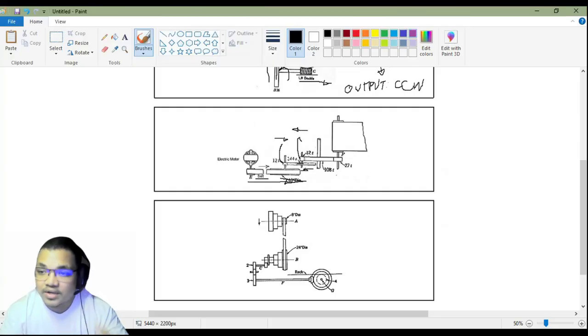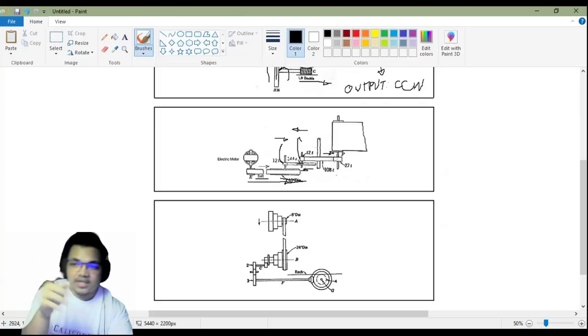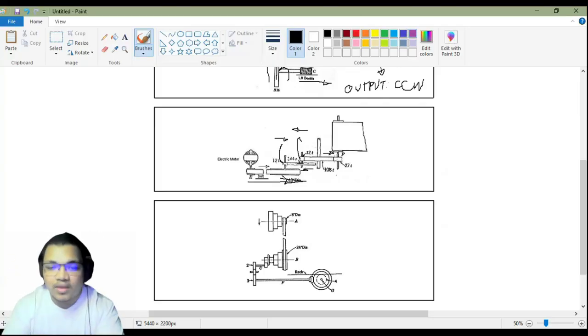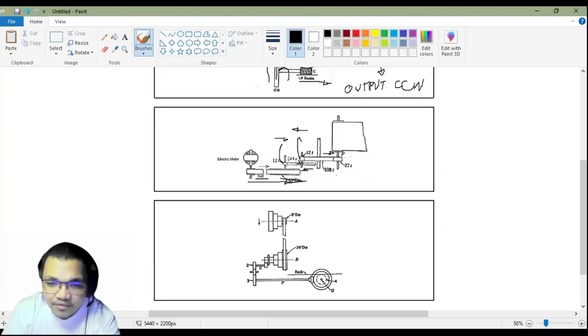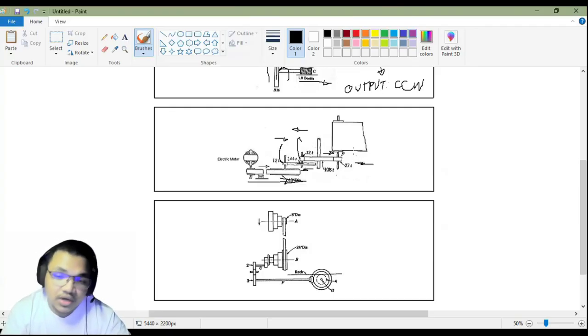Now, since they're connected with another gear, a larger gear, this gear will be turning to the right. I'll indicate it here. With this turning to the right, the smaller gear, this one at F, is turning to the left. Turning to the left or counterclockwise.